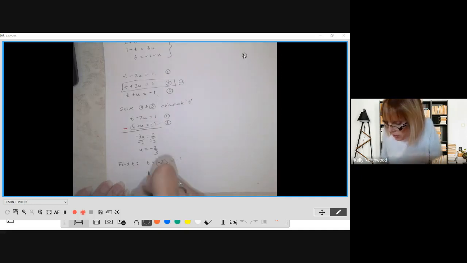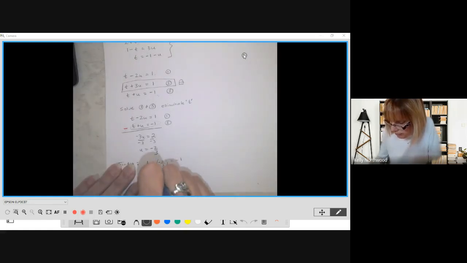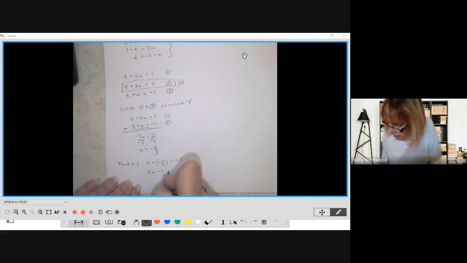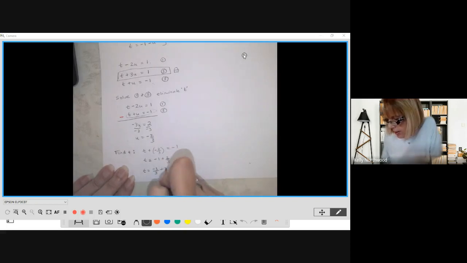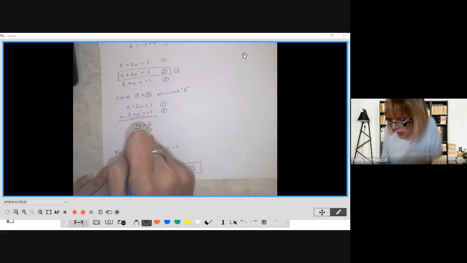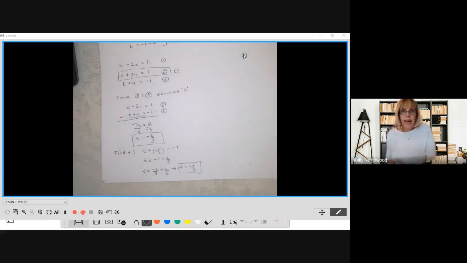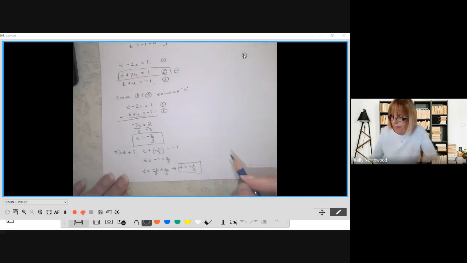So I'm going to add 2/3 to both sides. Oops, I need a common denominator there. So I'm going to change -1 into -3/3. So I end up getting t is -1/3. So there's my t and there's my u. And now I have to check that in equation 2 and see if it works.